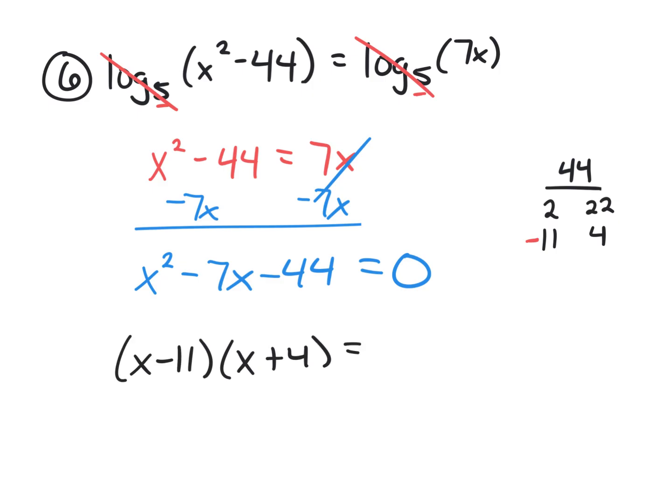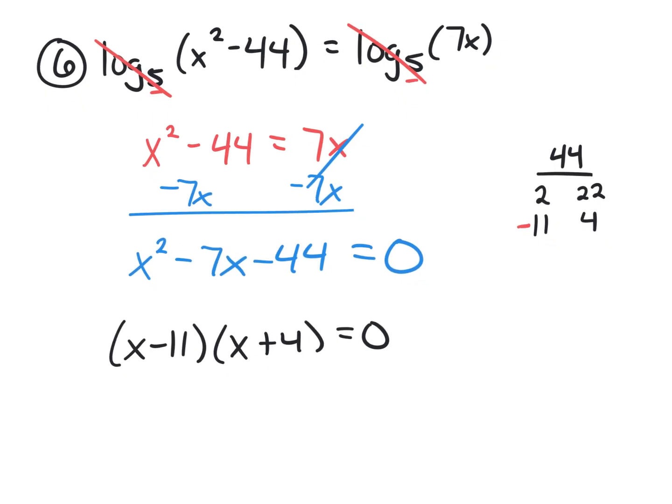Good. Okay. x equals 11. x equals -4. Why is it not -4? Right. What I want you to understand, though, is what if this was a -7 up here?